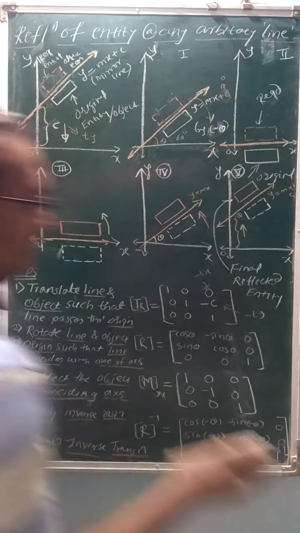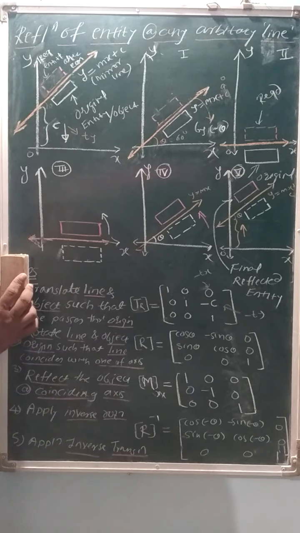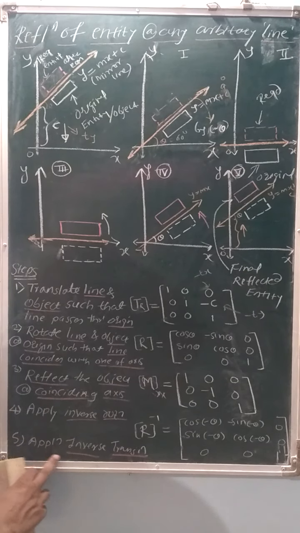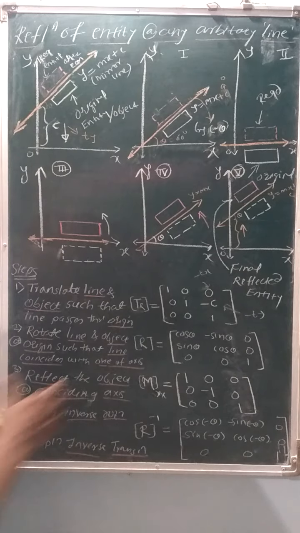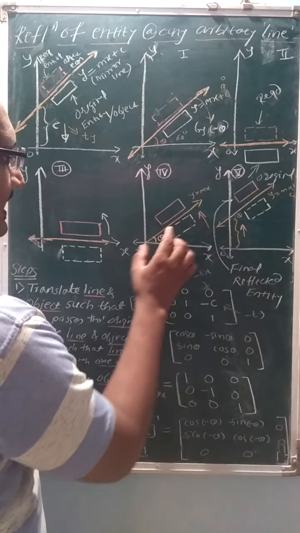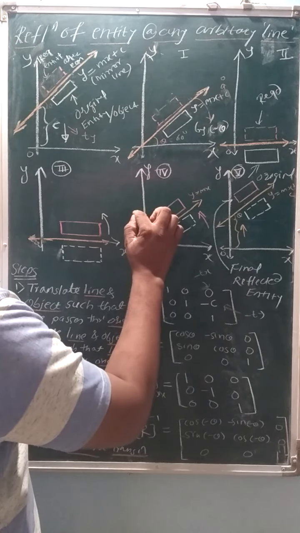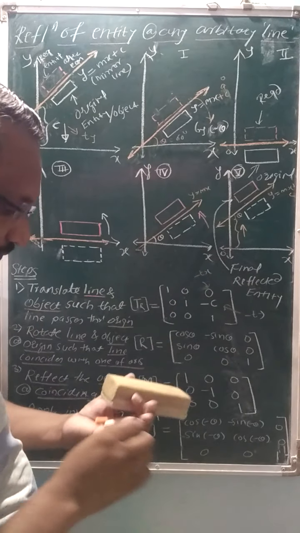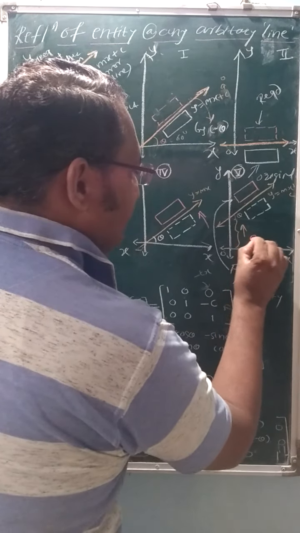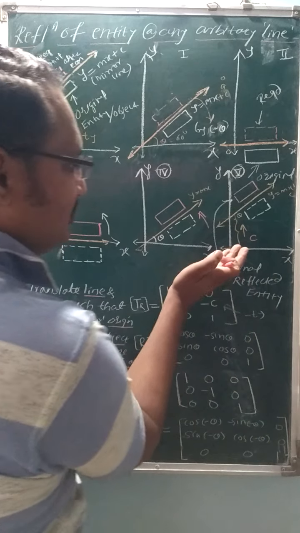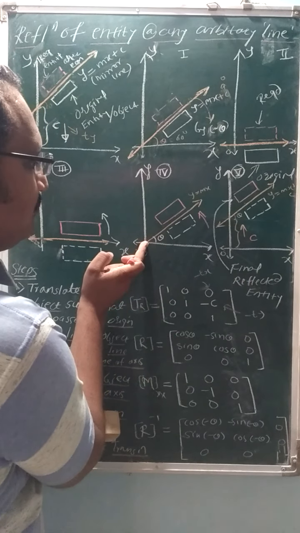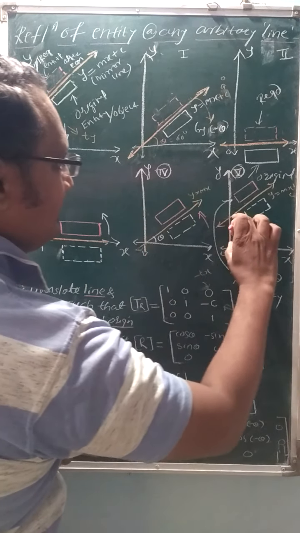Now the final step is that we will apply the inverse translation. Means this line we have to retranslate to its original position by a distance c. We are shifting the line from this position to this position by the distance c.